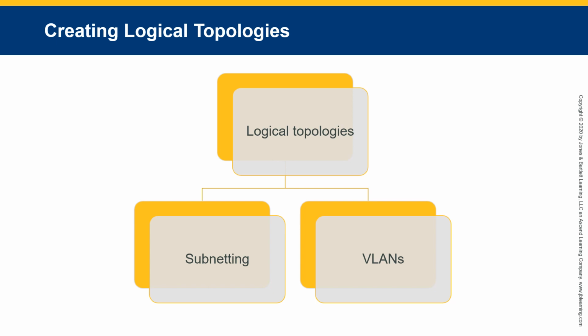Now, VLANs are associated with these, but these are created at layer 2, the data link layer. You would create a number of assets and provide them with what's called a VLAN tag. A VLAN tag is nothing more than a set of letters and numbers that are unique to that VLAN.